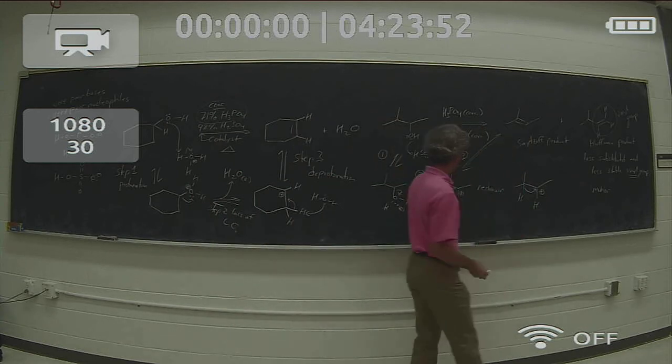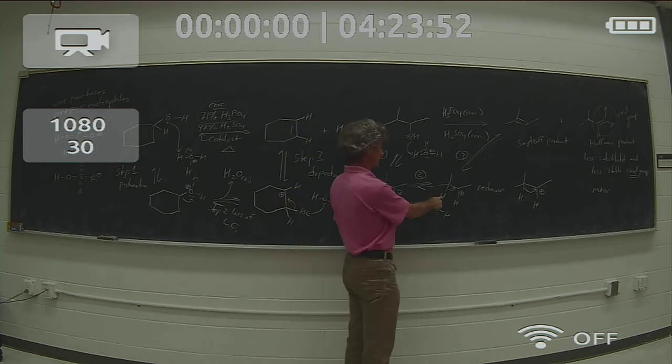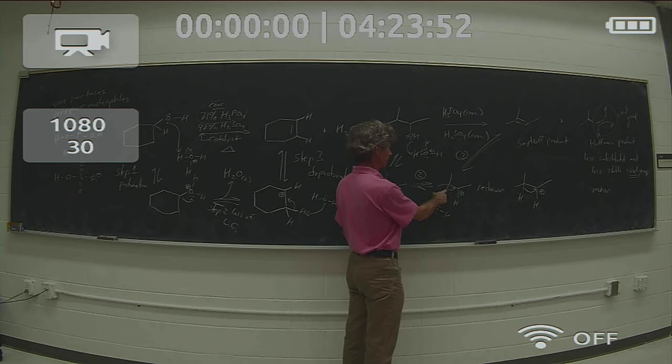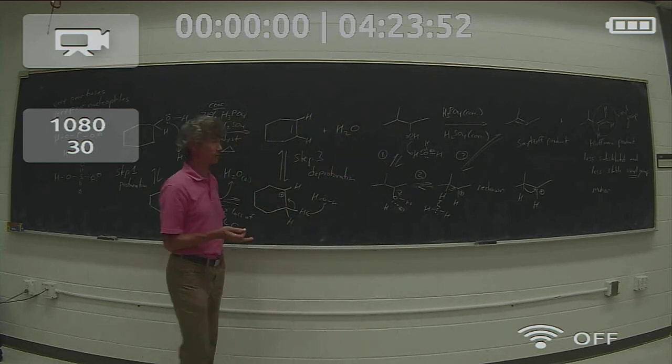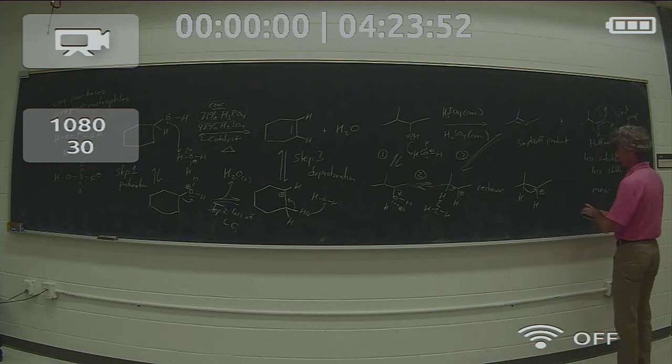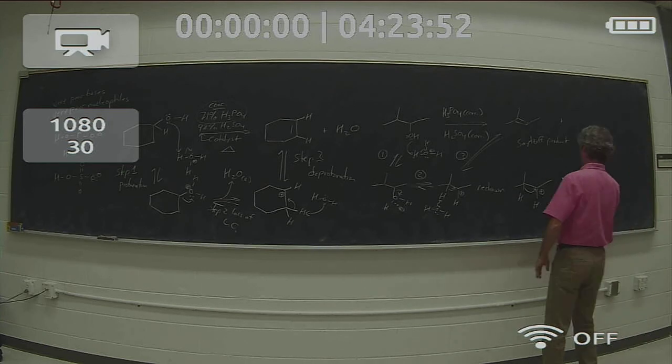I'll redraw the intermediate. It won't look a lot different, but you'll notice that when I'm actually doing an elimination, I take the arrow from the bond between the carbon and hydrogen to the center of the bond, because it's going to be forming a pi bond in the product. I show the arrow pointing directly at the carbon, because the hydrogen is going to be bound to that carbon. That's a hydride shift.